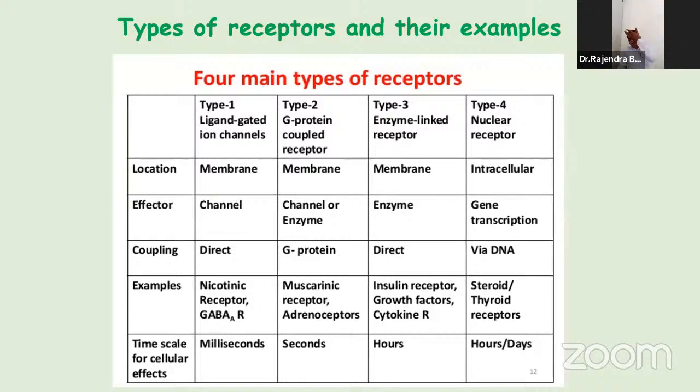Next is, what is the difference between inverse agonist and antagonist? Students are confused between the inverse agonist and antagonist. What is an inverse agonist?